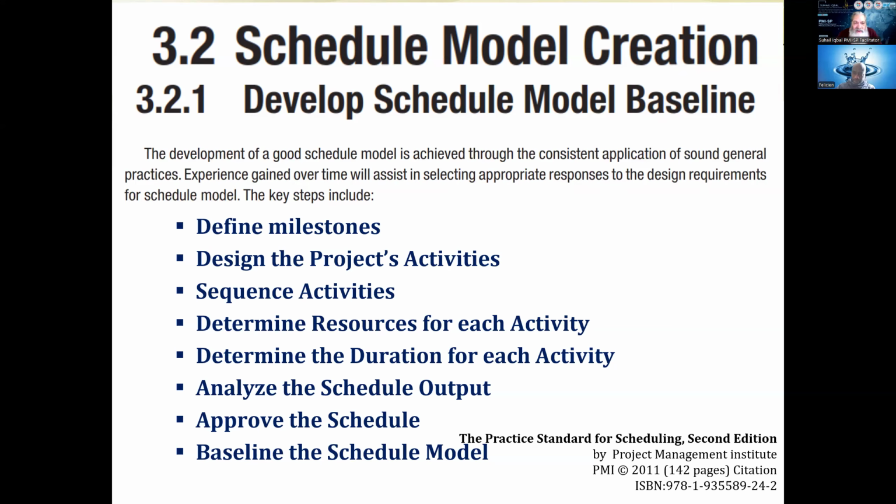Now, once you have identified the milestones and now you have also designed the activities, I mean, designing the activity means, again, identifying all the activities. Once you know all the activities, then they have to be sequenced as we studied earlier in shape of a network diagram.